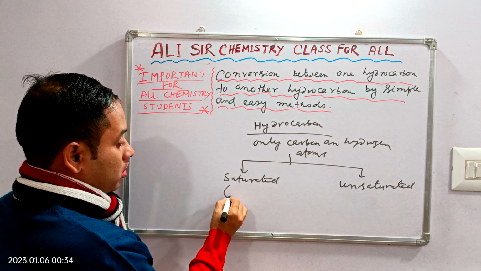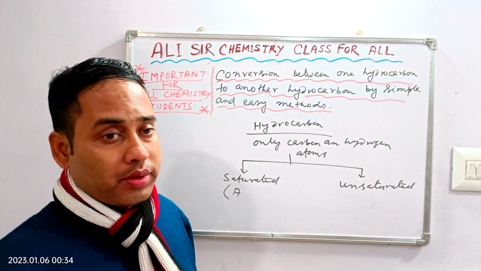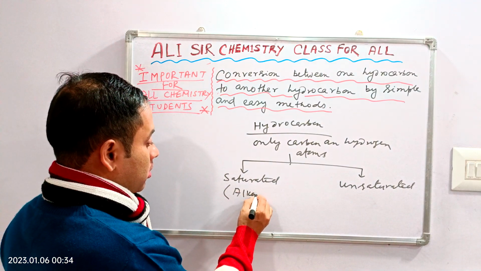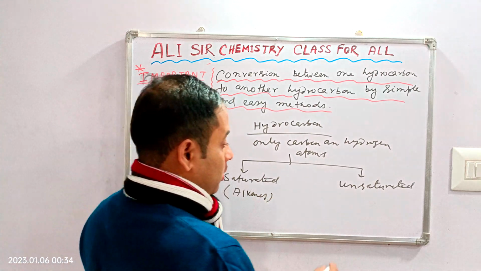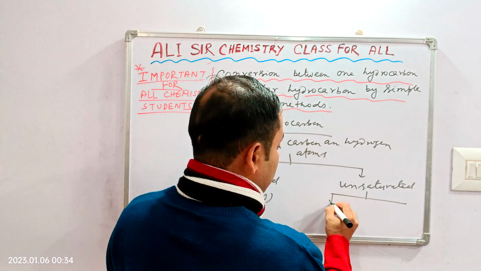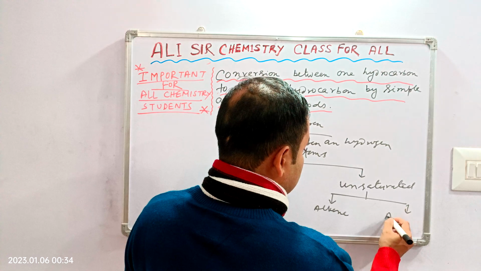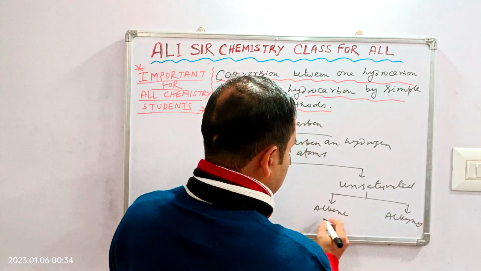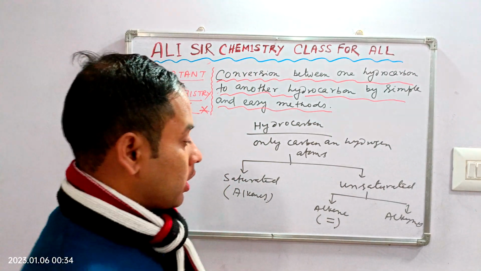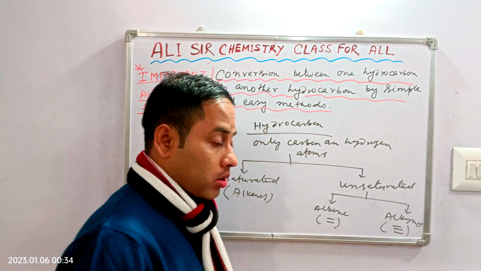Saturated hydrocarbon means all carbons are sp3 hybridized, and these types of molecules are called alkanes. I am just doing some basic ideas. Unsaturated hydrocarbons means alkenes and alkynes. Alkenes contain a minimum of one double bond and alkynes contain a minimum of one triple bond.